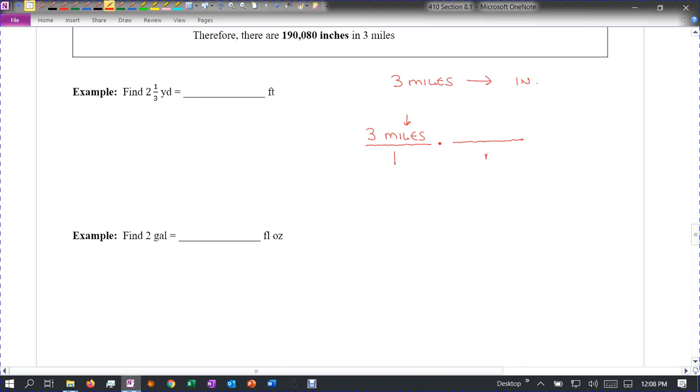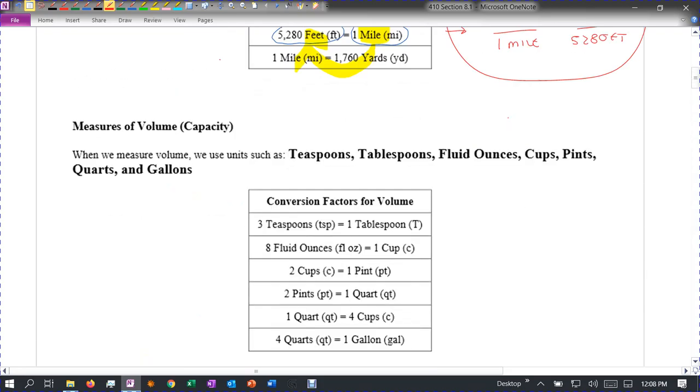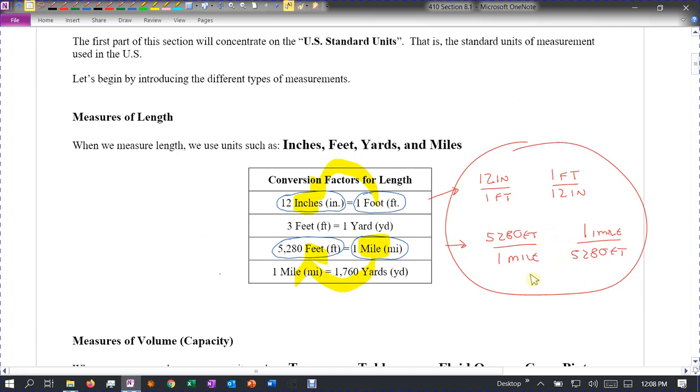So that means I need miles in the denominator so that these 2 units, when it's time, will cancel one another out and the miles will go away. So I now remember I need to go from miles to feet. So I know that I need to have feet on top. So if we scroll back up and look at these things we had here, where did we have miles on the bottom and feet on top? It was this one right here, right?